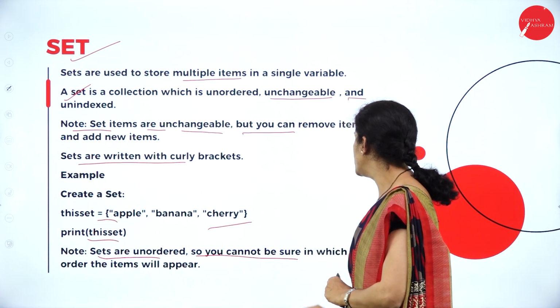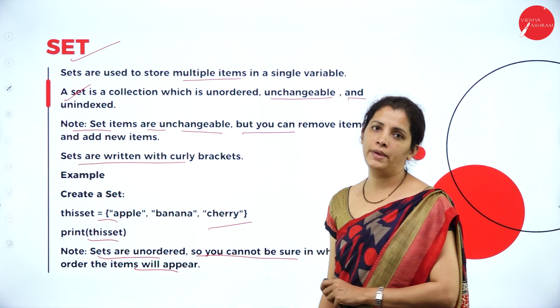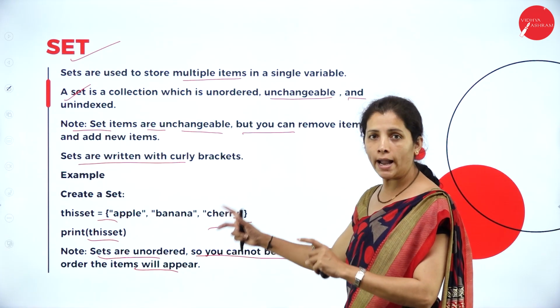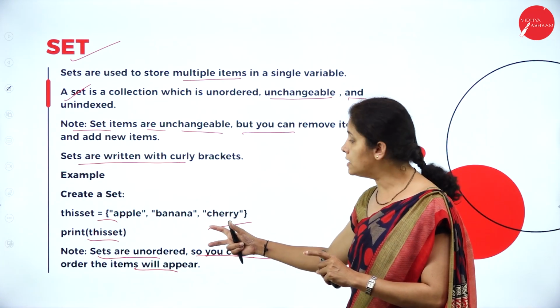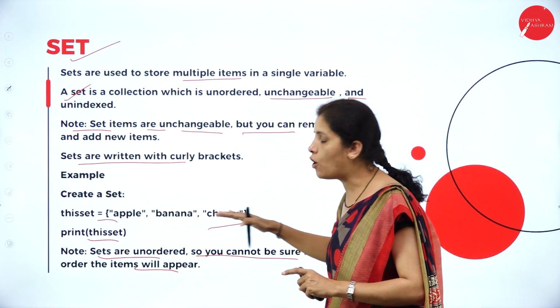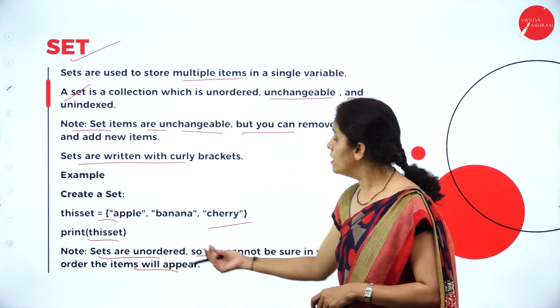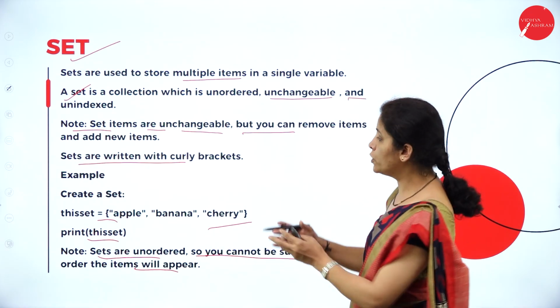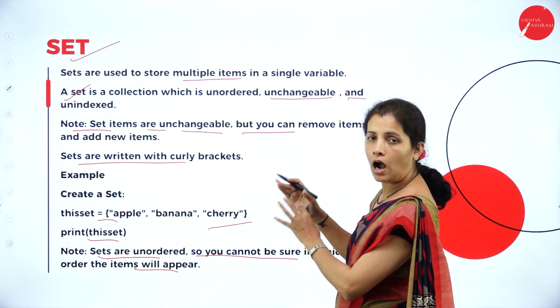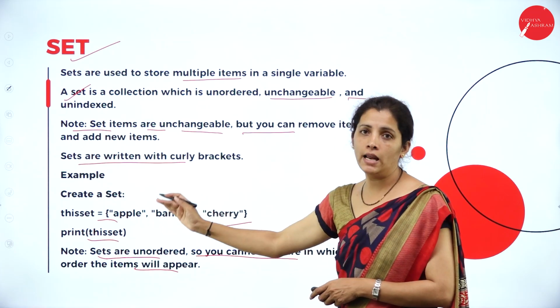So you cannot be sure in which order the items will appear. While printing the output, I may get the same order or I may not. It's not certain that I'm going to get the same order in which I stored or placed the elements.